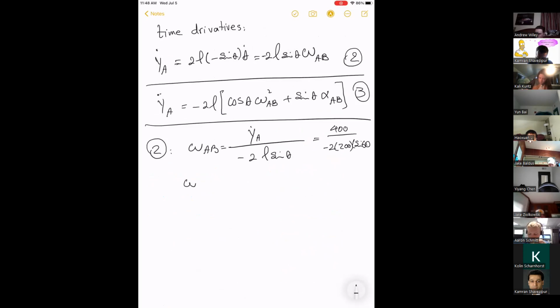So your omega AB, remember the units should be the same. This is millimeter, this is millimeter per second, so we are good. If that's the case, this 400 cancels this 400, so you're going to get minus 1.155 radian per second.